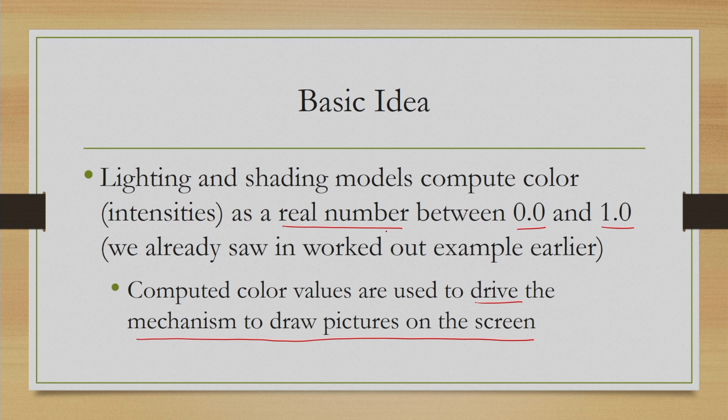Now, this generation of electron beams is done through an electromechanical arrangement consisting of cathodes and anodes and magnetic fields, and this arrangement is controlled by the values that we compute at the end of the pipeline stages. So, our ultimate objective is to use the intensity values to drive the mechanism that actually is responsible for drawing colors or pictures on the screen.